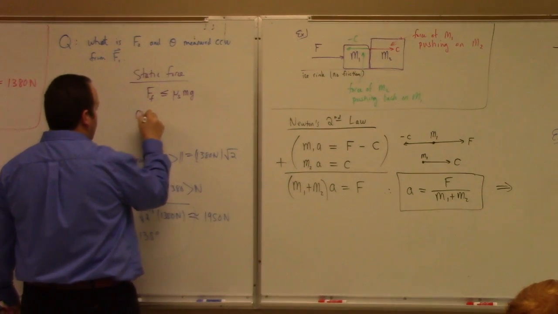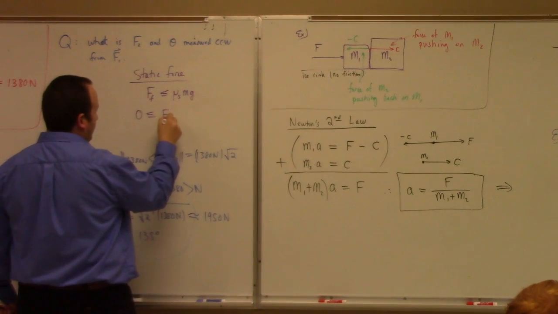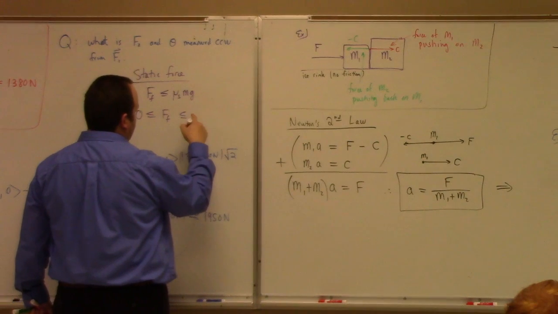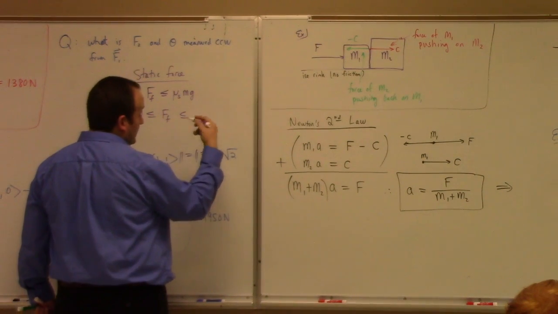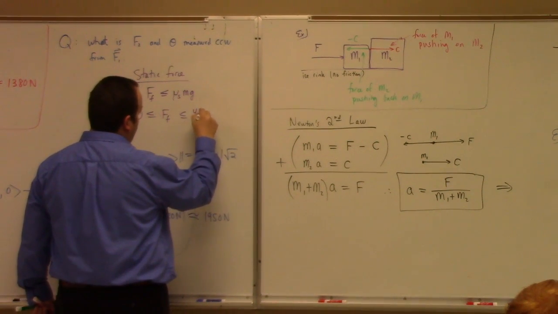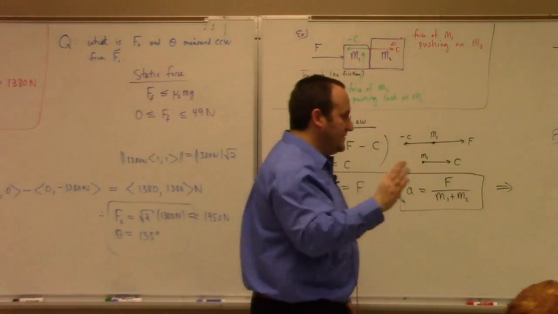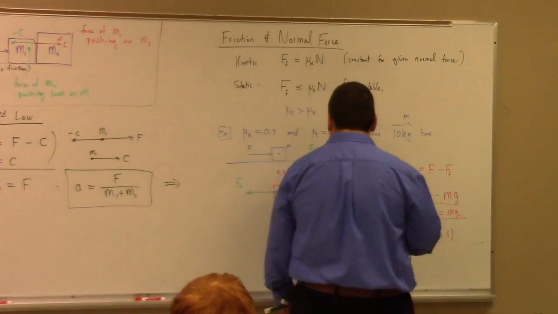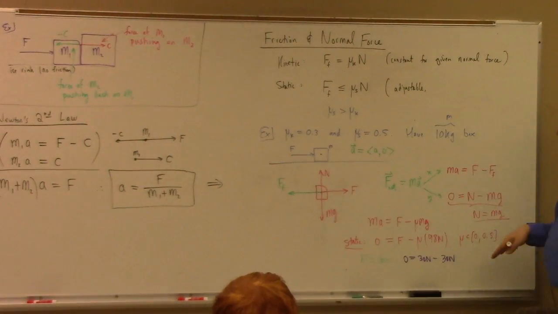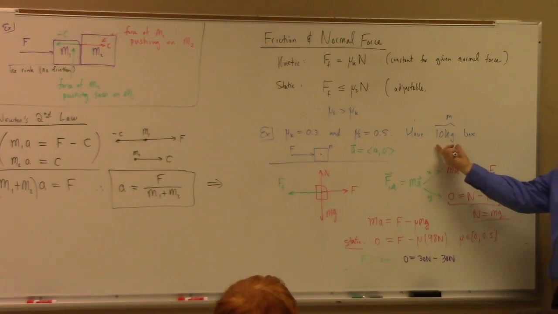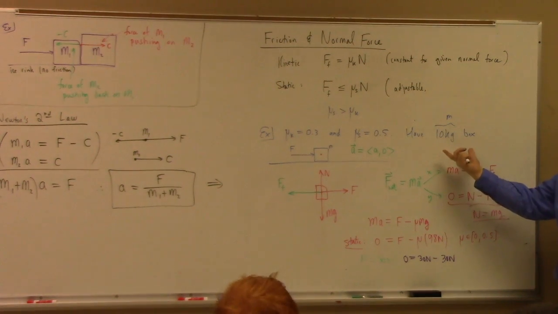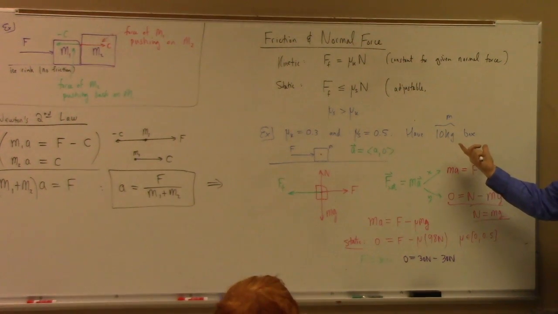So basically 0 is less than or equal to the force of friction, is less than or equal to, in this case, 0.5 times mg, which is 49 newtons for our example. The maximum static force of friction that can be supplied by this particular interface, given the weight of this box being 98 newtons, is just half that weight. Are we clear?